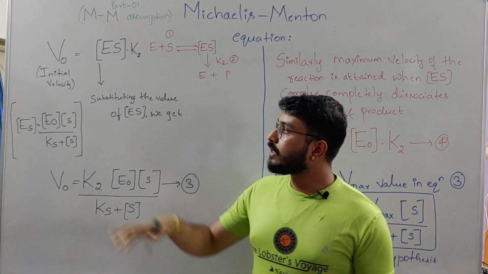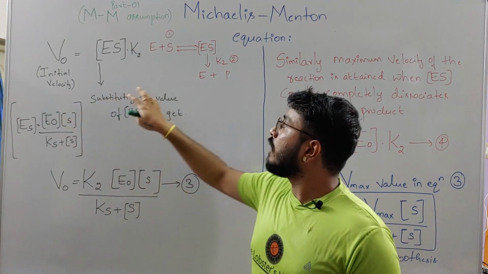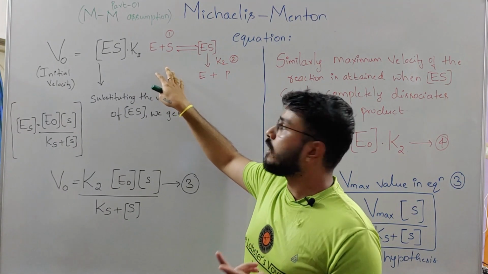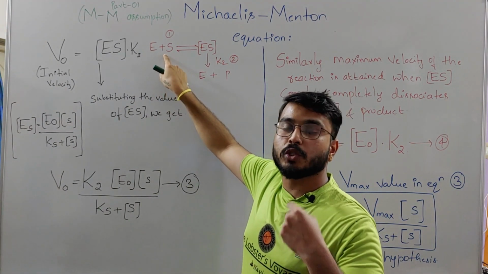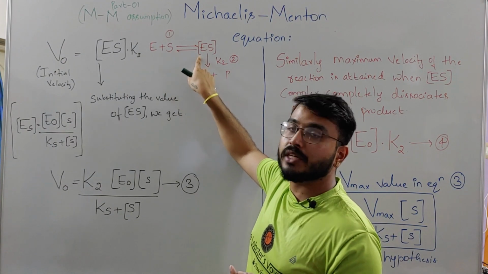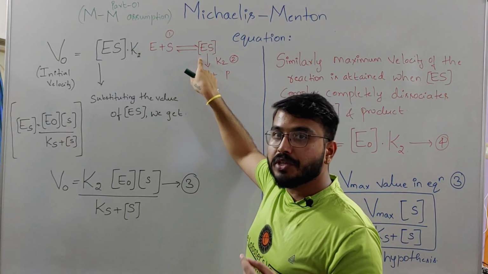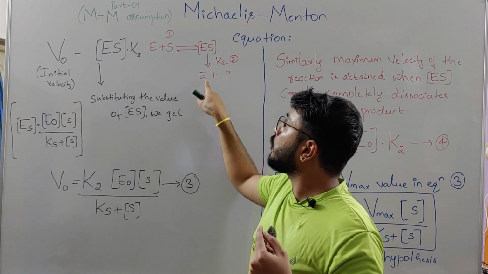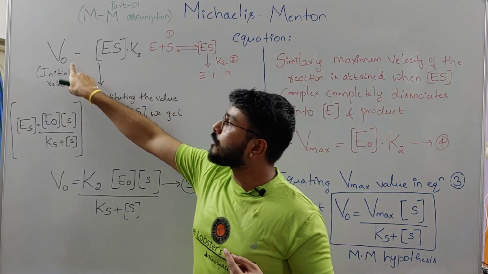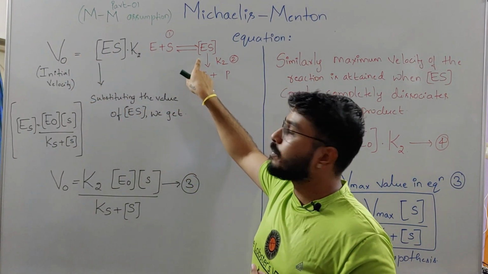When the velocity has to be calculated in a chemical reaction that usually involves 2 or more steps, the first step is usually the slowest step, where the enzyme combines with the substrate molecule to form enzyme substrate complex, but the dissociation of the enzyme substrate complex into respective enzyme and product is a quick reaction, and usually for the calculation of velocity we go for the second step of reaction.